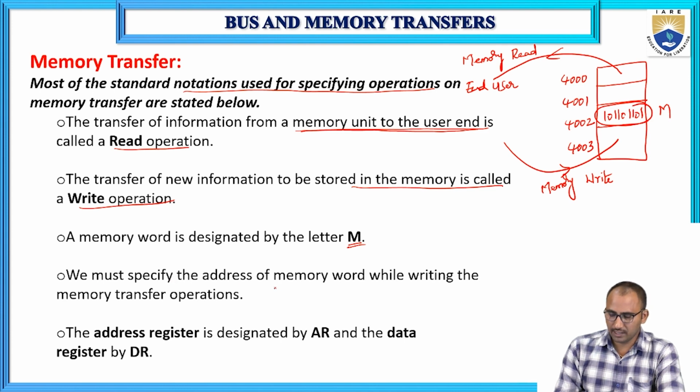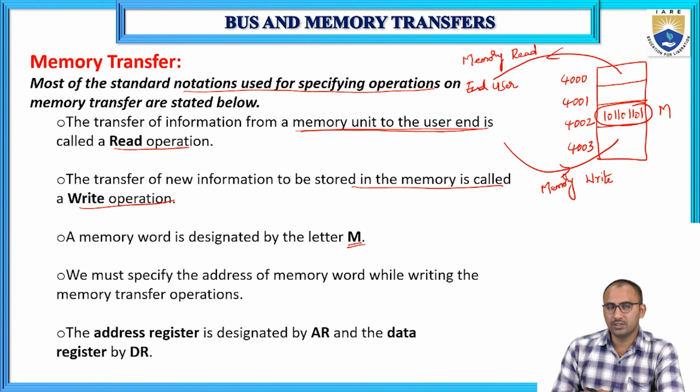We must specify the address of the memory word while writing memory transfer operations. Here we have already seen two types of operations with the memory: memory read and memory write.